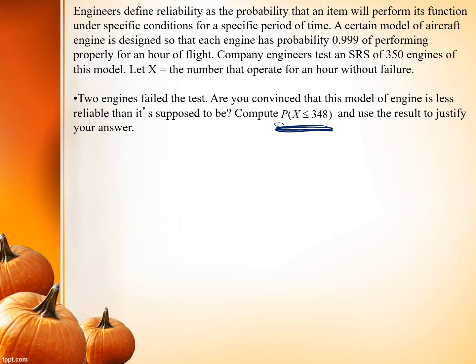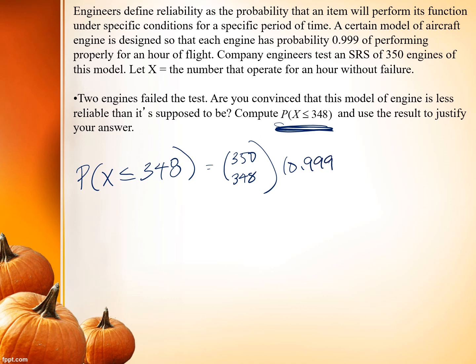So, okay, probability that x is less than or equal to 348. I am just super excited because this is the less than or equal to, and that's what my calculator does. So I'm going to show my work for one of them so that they know what I'm talking about. Probability of success, 0.999 times 348 times 0.001 times 2 plus... right?